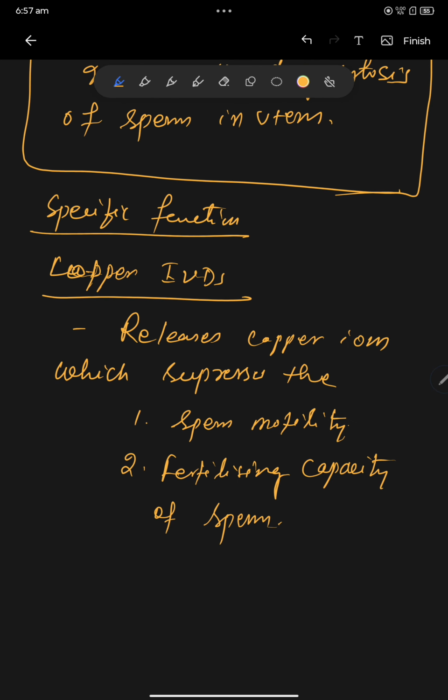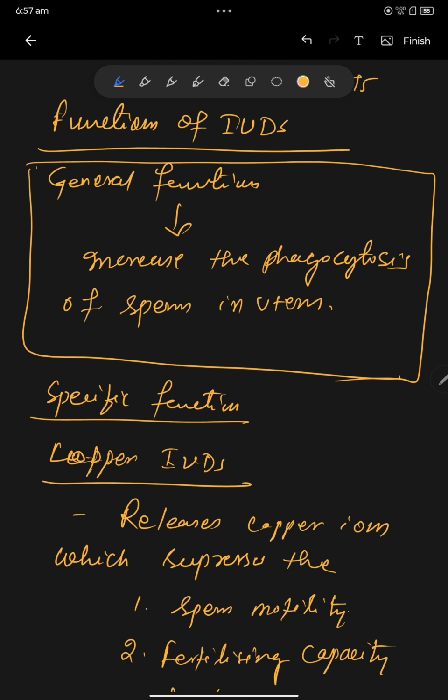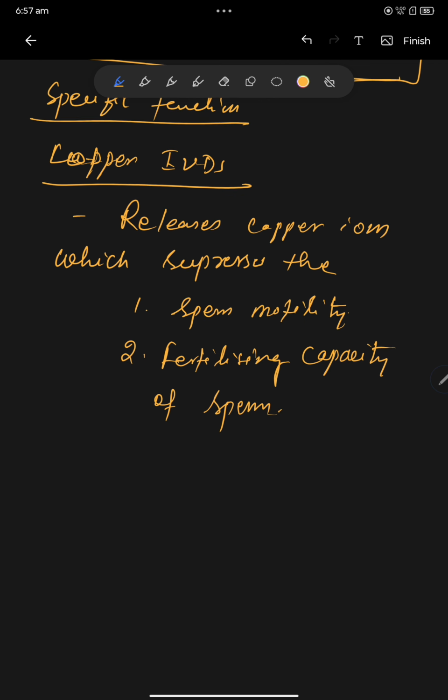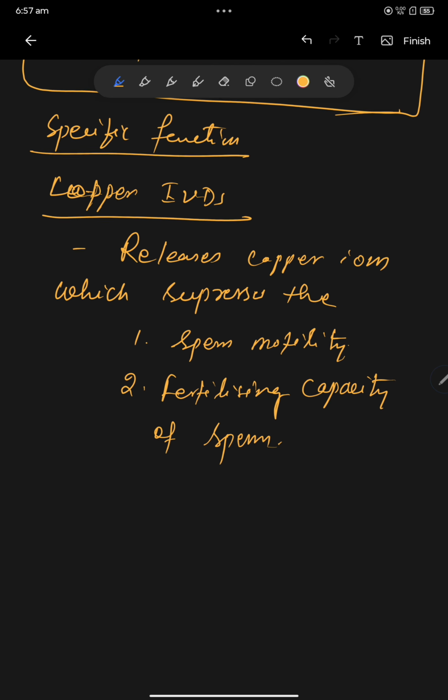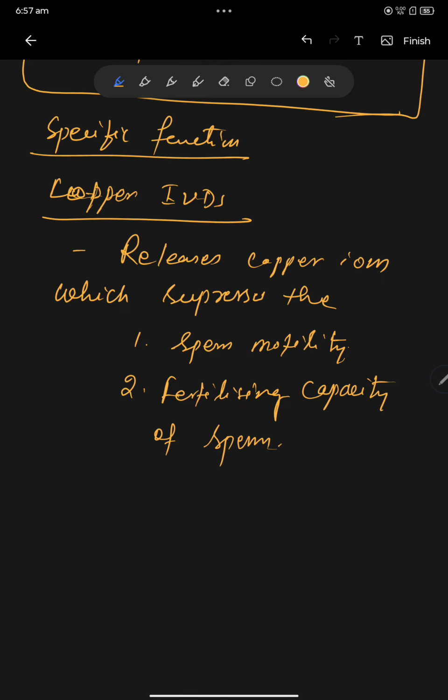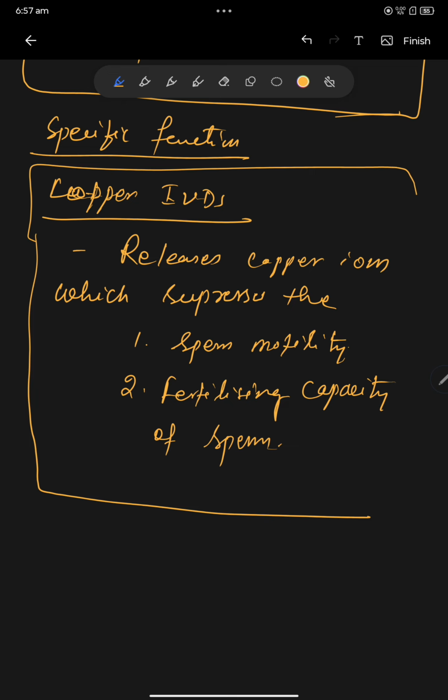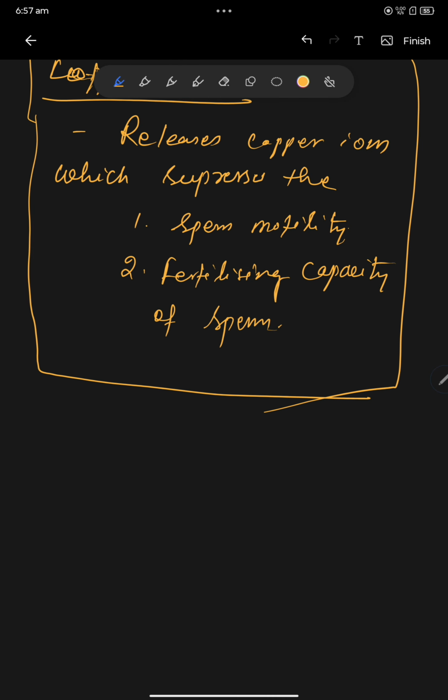So if in the exam the general function is asked, then you have to write the earlier point. And if it is asked specifically about the copper IUD, then you have to write these points. Okay, this is very, very important.